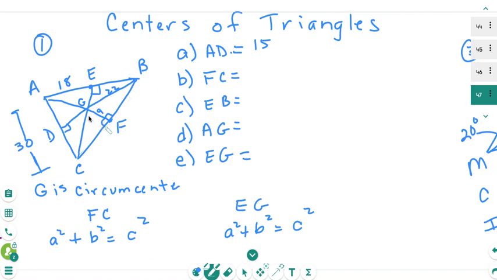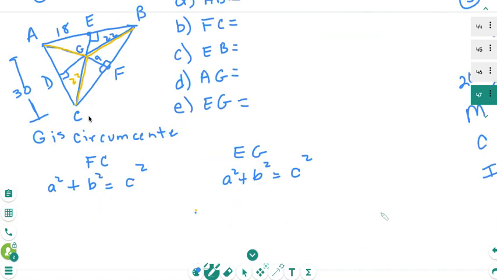We also know that in a triangle that has a circumcenter, the distance from the angle to the circumcenter is going to be the same for all three angles. So that means GC is going to be 22. With those two numbers, we are then going to be able to find FC.